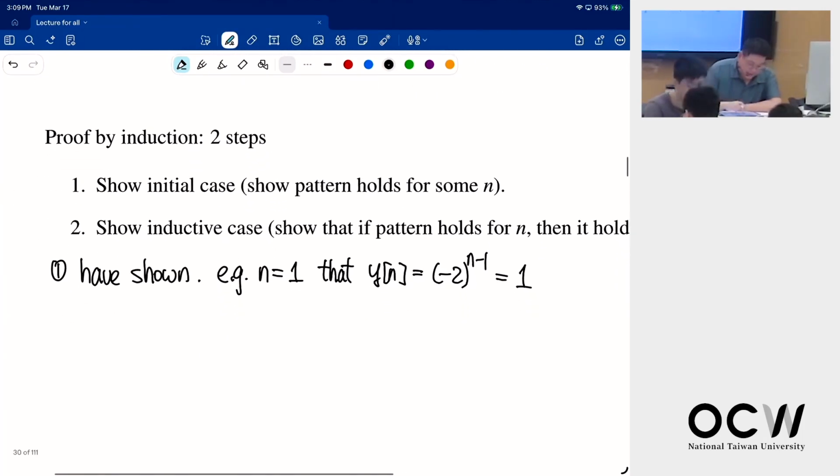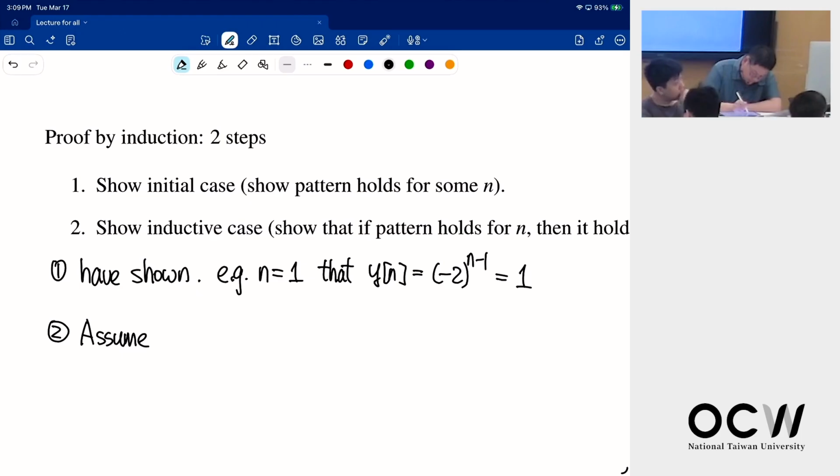Now for the second one, we need to assume y of n equals minus 2 to the n minus 1. Okay, so assume that this is correct.